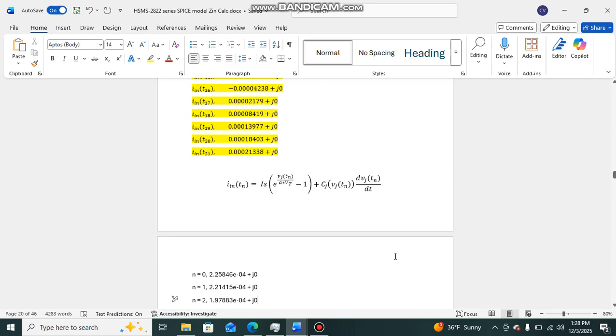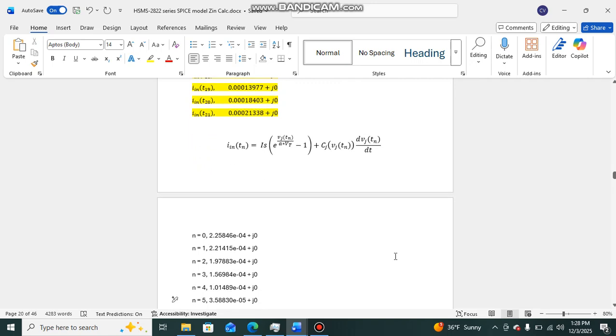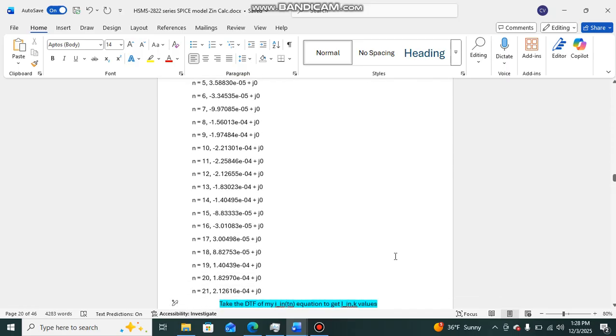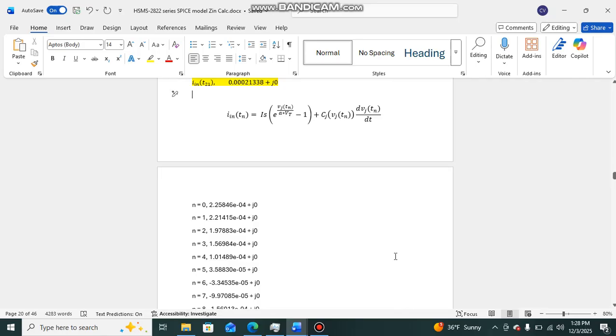So we have everything that we could compute. So going from n equal to 0 all the way to 21, these are all the current values for In using the nonlinear part of the equation.